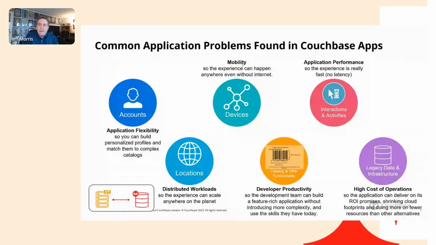And what are the kinds of things that you're looking for when you're considering each one of these types of application objects, right? For your account profile, you really want adaptability there. You want the profile to be flexible so that you can build personalization into it and match up to that complex catalog and take context into account for what's happening with that profile at any given minute.